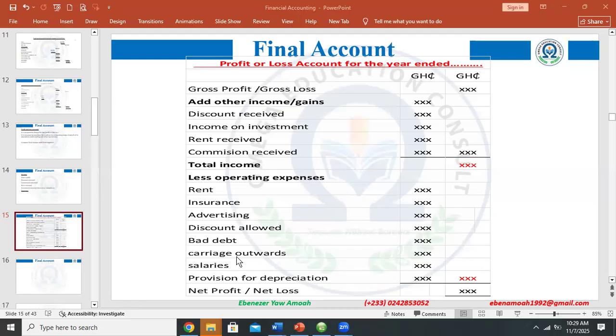But carriage inwards is a direct trading expense. That's why we put it in the trading account. But carriage outwards is a general operating expense. That is why it is put in the profit and loss account. So watch out for that multiple choice or objective question. Salaries, provision for depreciation. So when you sum all your expenses, you less it from the total income, and whatever you get is your net profit or net loss.